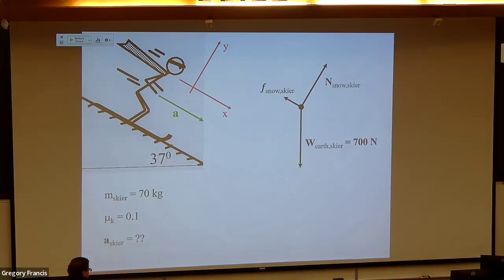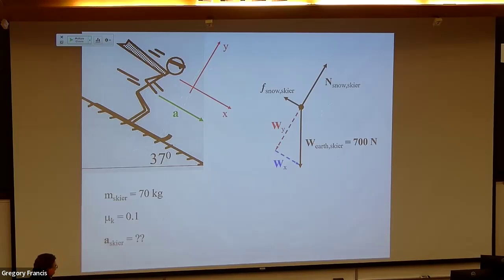Again, I do that by looking in the direction of the normal force by the hill and going the other way until I can make a 90-degree turn. There's the 90 degrees, and get to the end of the weight. That's going to give me my x part of the weight that's lined up with this axis, my y part of the weight that's lined up with the negative y axis.